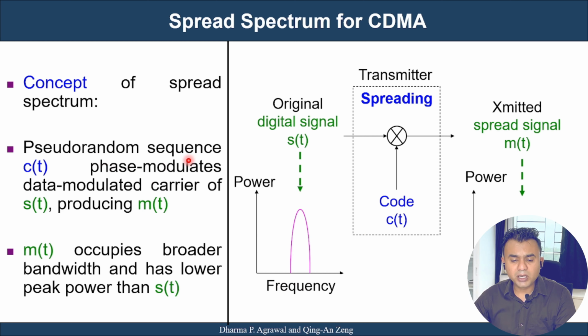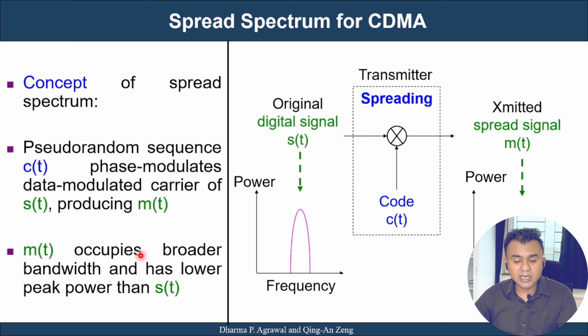We have the pseudo random sequence C(t), which is used to phase modulate the data modulated carrier signal S(t) to produce M(t). So now here I'm going to use my pseudo random sequence and multiply it with my original digital signal, and I will get my spread signal here. You can see that my signal spreading is happening here, right?